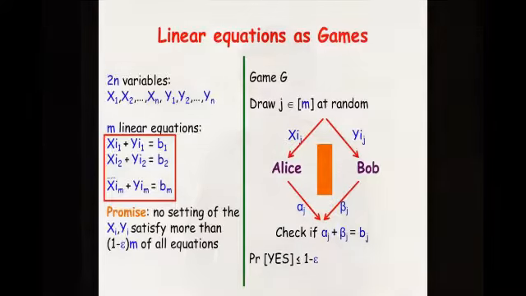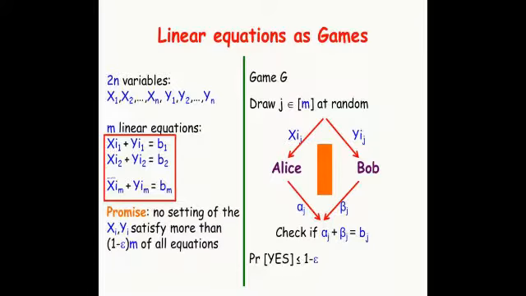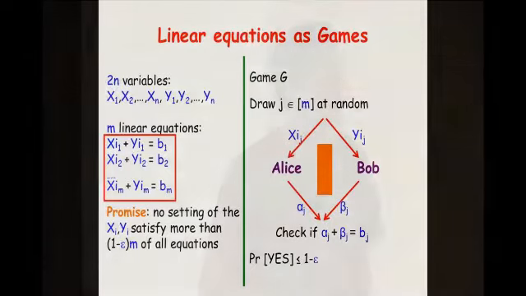Yeah, 1 minus epsilon. It's really easy to see that whatever strategy they have actually corresponds to an assignment to the variables. The best they can do, because they cannot talk to each other, is that the probability that the equation will be satisfied for the best strategy is 1 minus epsilon. And this is the kind of thing we want to improve.